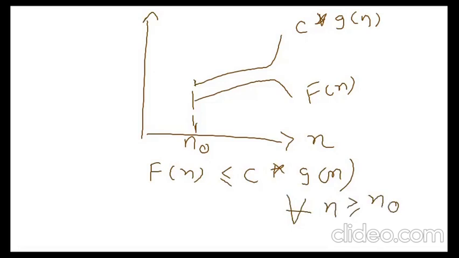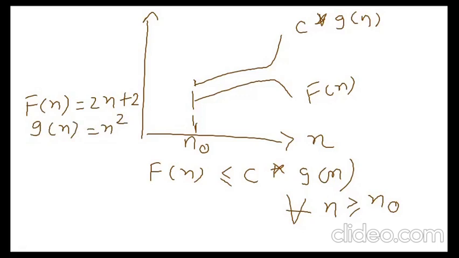See, I am taking one example. f of n is equal to 2n plus 2, and g of n is equal to n square. I have to prove that f of n is less than or equal to c star g of n for the upper bound. Big O notation shows your worst case.